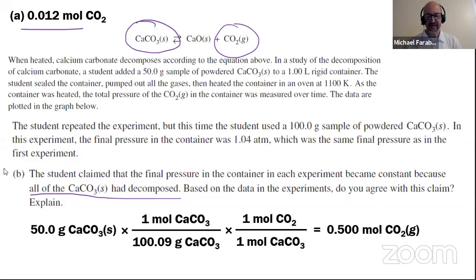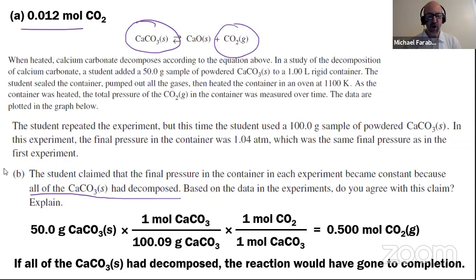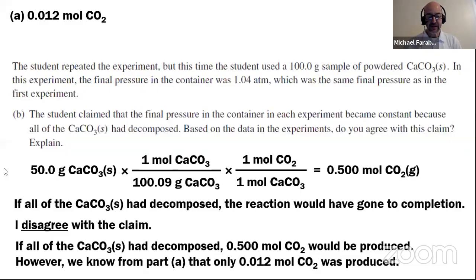So this is a good reason to disagree with this claim, because if all of the calcium carbonate had decomposed, then the reaction would have gone to completion, and you would have produced 0.5 moles of CO2. So I disagree with the claim because we only have 0.012 moles of carbon dioxide in the container.